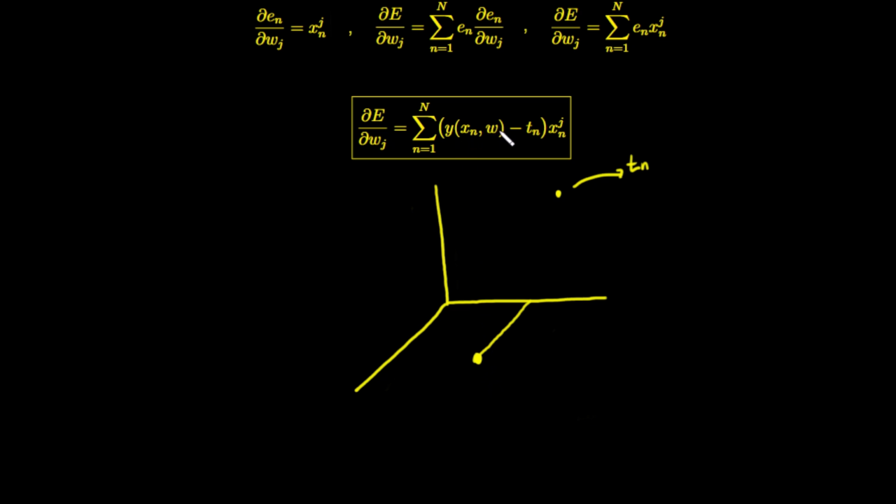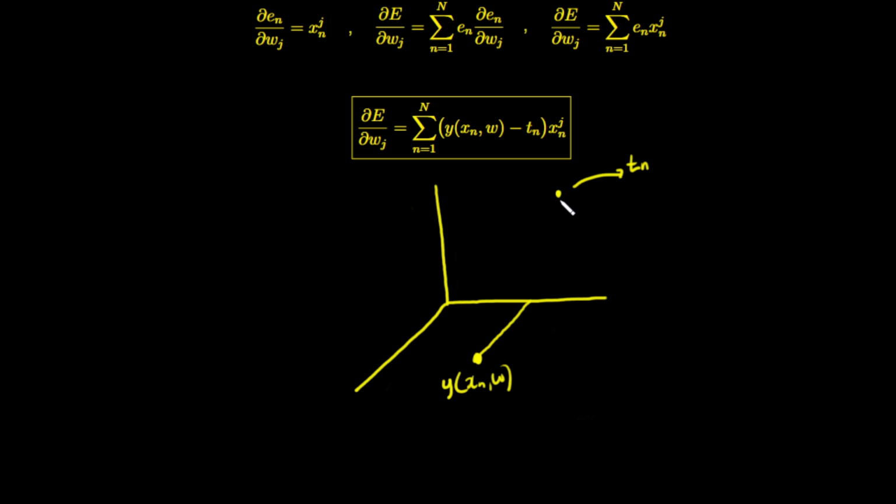But now there's a problem. We have this thing here, which in effect is going to be our y, xn, w. Now whenever we subtract one from the other, we're going to have this vector here. And there's a problem. We can't get from this point to that point because this is in a two-dimensional space and this is in a three-dimensional space.